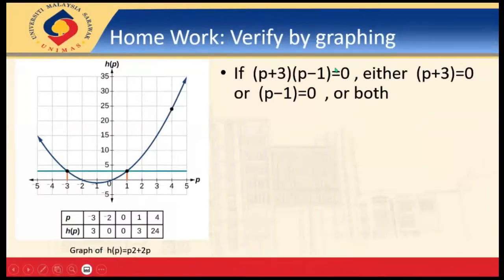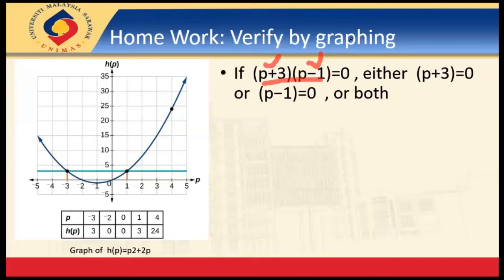If the whole left hand side is equal to 0, it means maybe this component is 0, so 0 multiplied by p minus 1 will be 0, or this component is 0, then p minus 1 is 0, so 0 multiplied by p plus 3 will be 0, because anything multiplied by 0 is equal to 0. Or maybe both of them are 0.